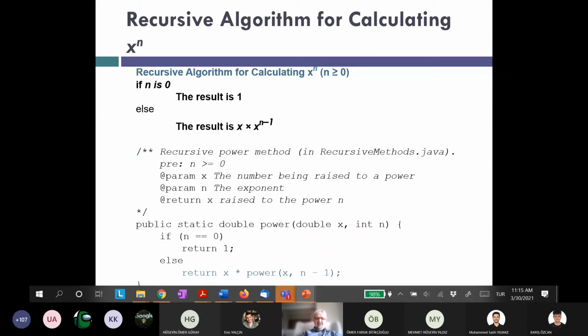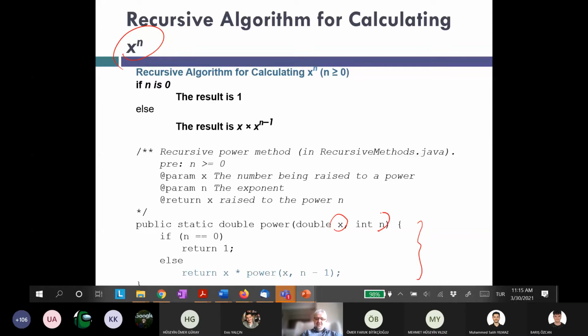Again, to calculate x to the n, you all know x to the n can be recursively defined as x times x to the n minus 1. And by using this recursive definition, we can write this recursive method. So what is the parameter that the running time of this algorithm depends on? Does it depend on the value of x?